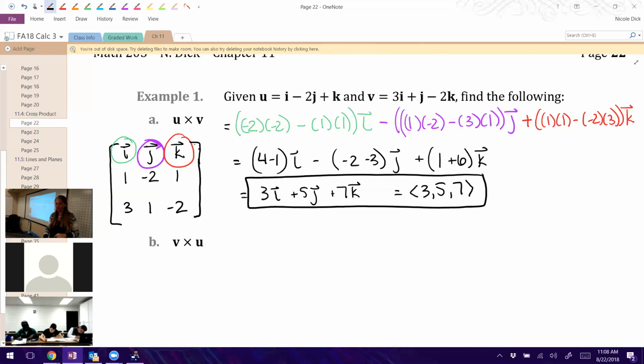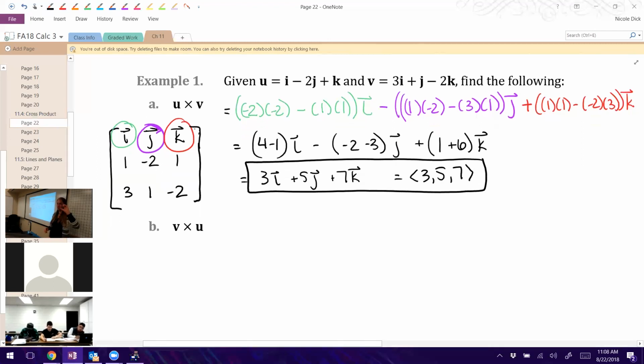All right, try the next one on your own, whether you do it the same way or using the formula. Same 2 vectors, you just flip the order. Instead of u cross v, you're going to do v cross u.